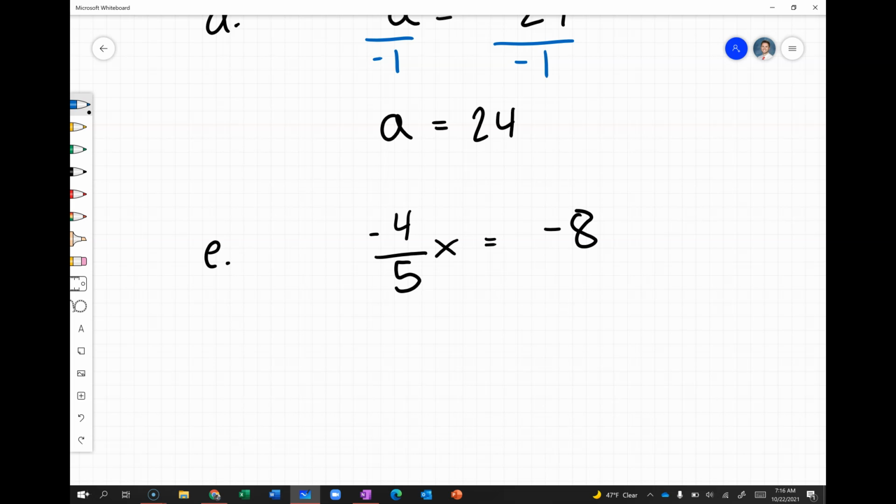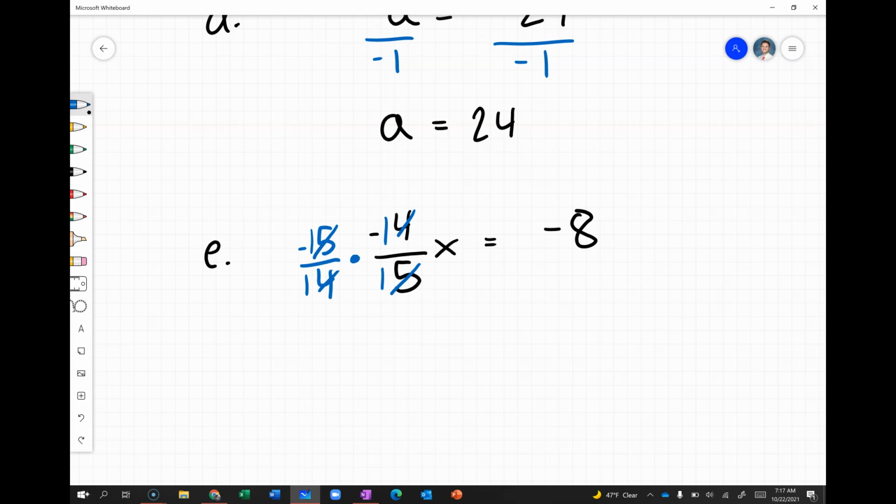So if we multiply here by negative 5/4, again, you'll see that same thing I talked about in example C. You've got your 5 and 5 that cancel out to be 1s, and you've got your 4 and 4, which cancel out to be 1s. And then you'll notice you've got negative 1 times negative 1 over 1 times 1.